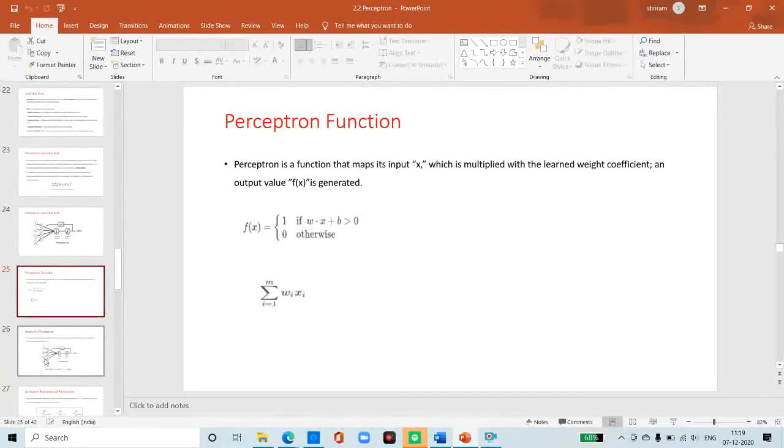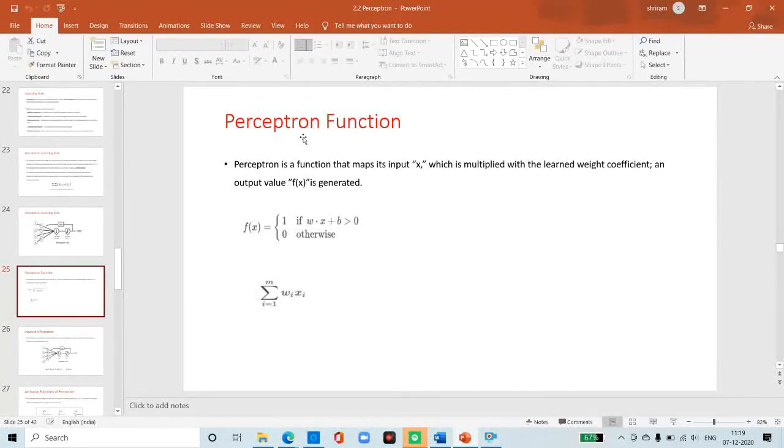Next, the perceptron function. The perceptron is a function that maps its input x, which is multiplied with the learned weight coefficient, and an output value f of x is generated. Here f of x equals 1 if w dot x plus b is greater than 0, otherwise 0.